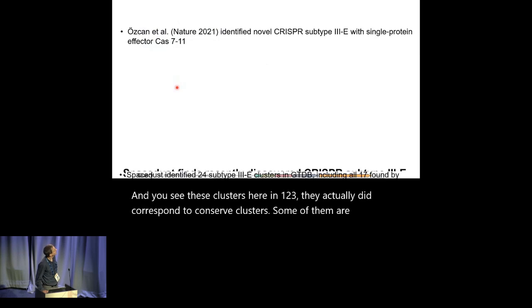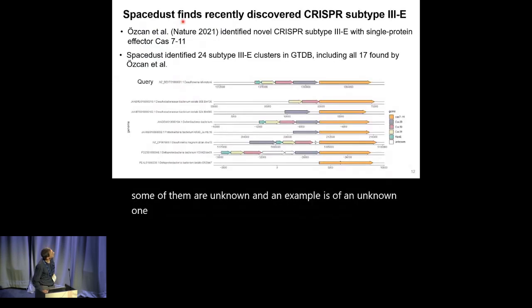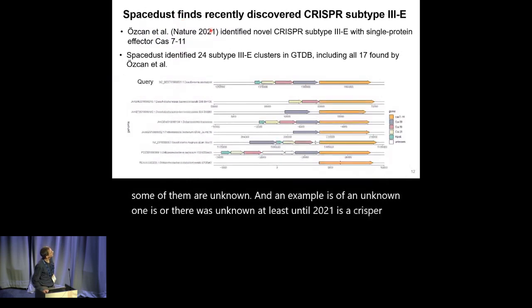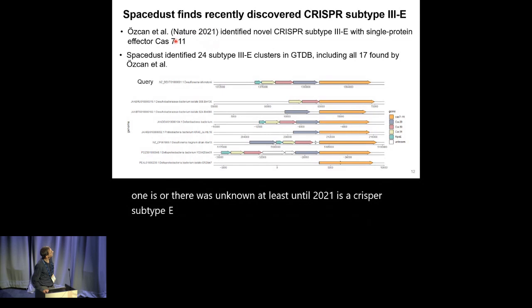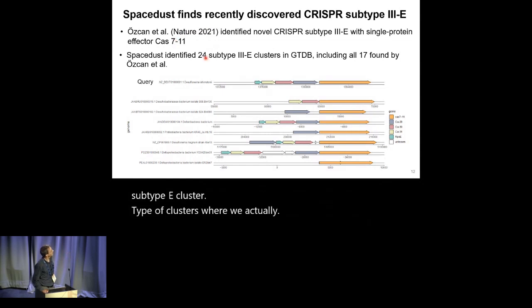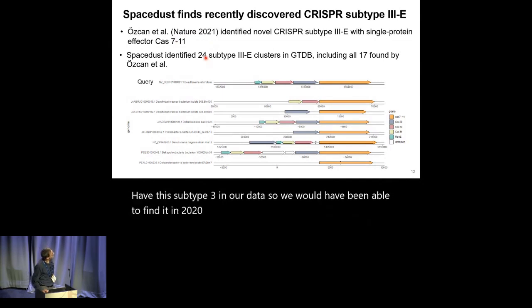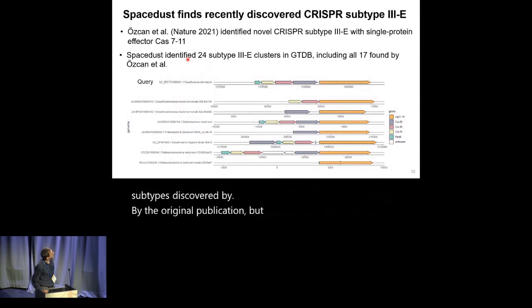An example of an unknown one, or at least unknown until 2021, is a CRISPR subtype E cluster, or type of clusters, where we actually have this subtype in our data. So we would have been able to find it in 2021, and we actually find not only the 17 subtypes discovered by the original publication, but also 7 others in the data set.